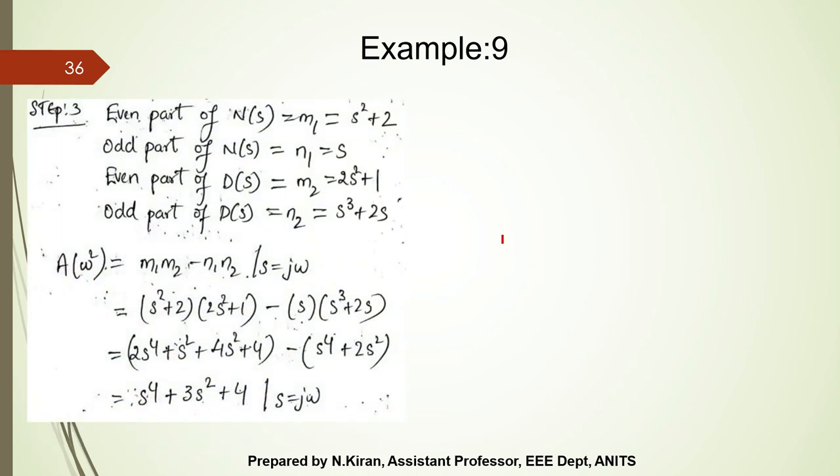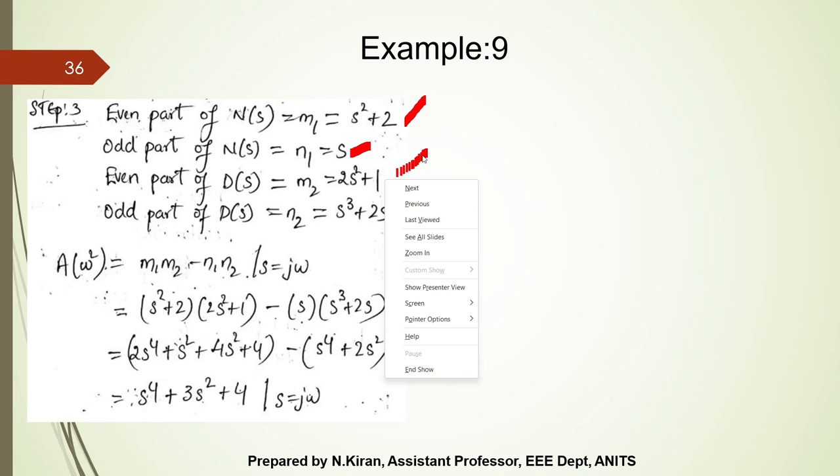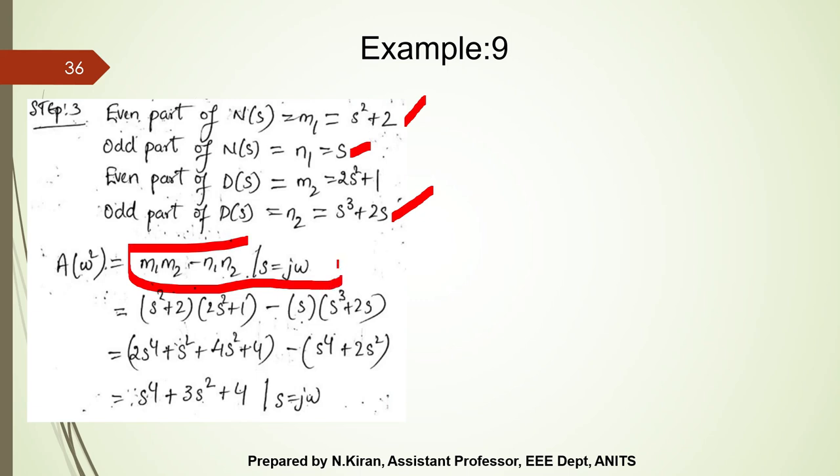The even part of the numerator polynomial is s squared plus 2. The odd part of the numerator polynomial is s. The even part of the denominator polynomial is 2s squared plus 1. The odd part of the denominator polynomial is s cubed plus 2s. So substituting in the formula m1 m2 minus n1 n2 and s equal to j omega, I'll get the expression s power 4 plus 3s squared plus 4. All coefficients are positive.